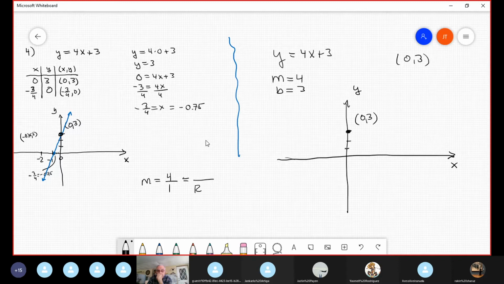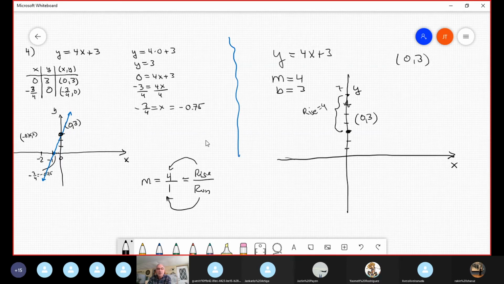It's the ratio between rise and run. Run is 1, rise is 4, which is positive. So we go up 4 units. We have 3 plus 4 is 7: 4, 5, 6, and 7. This point. The rise was 4.